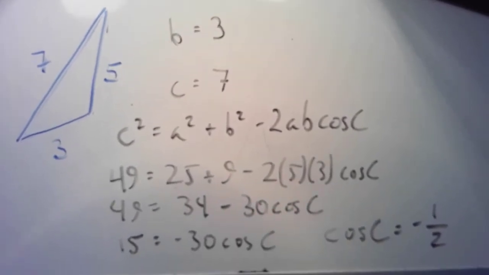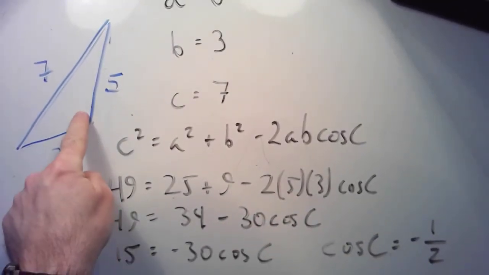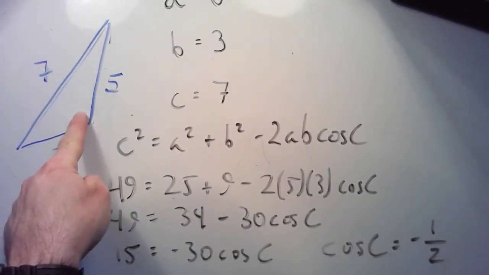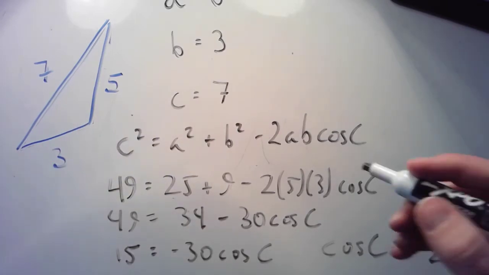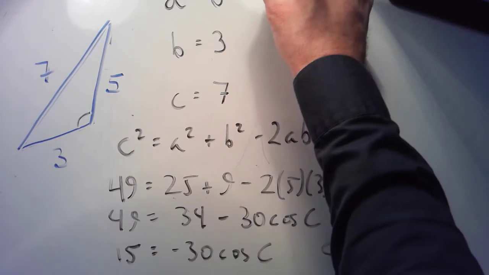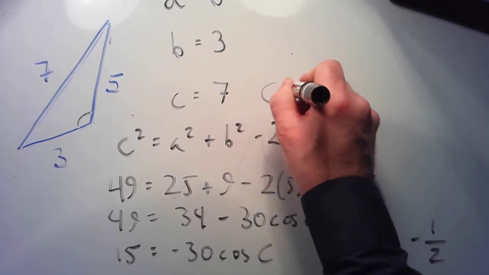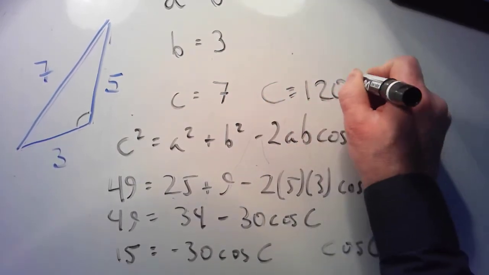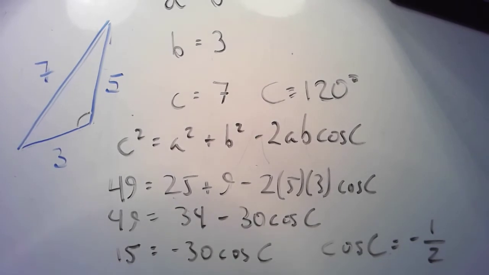I love it, a whole number. Does that look like an obtuse angle, 120 degrees? It sure does to me. So that angle right there, I'll just go right there, 120 degrees. So cool.